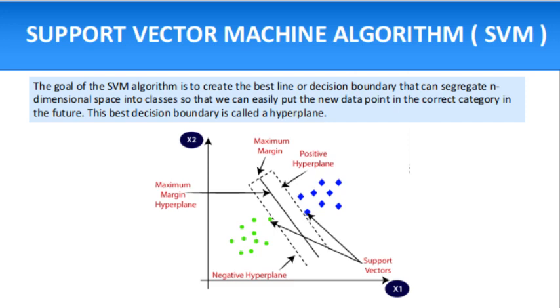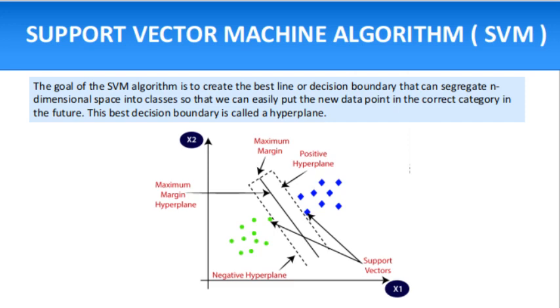Consider this diagram in which there are two different categories that are classified using a decision boundary or hyperplane. SVM can be understood with an example that we can use for classification. Suppose we see a strange cat that has some features of dogs.